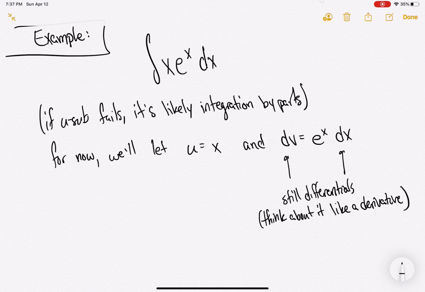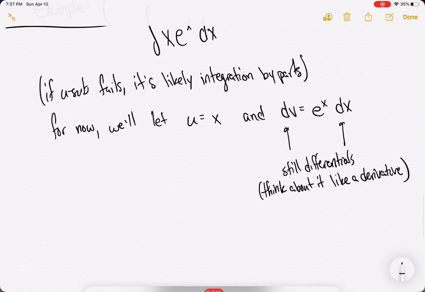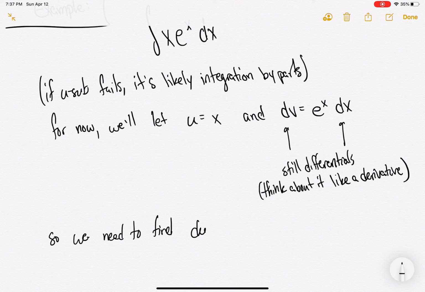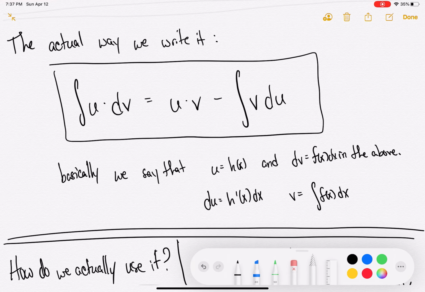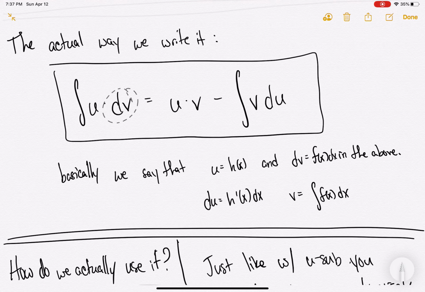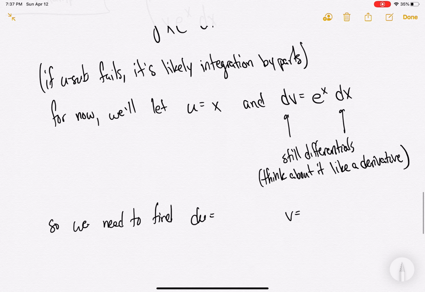And so if dv is the derivative of something, we need to find du and v, right? Our expression up top requires u and dv getting identified right away, and then, well, we already have u, we need to find v, because we have v twice, and we need to find du. So we'll use this to find du and v, and the du comes the exact same way it did with u substitution.